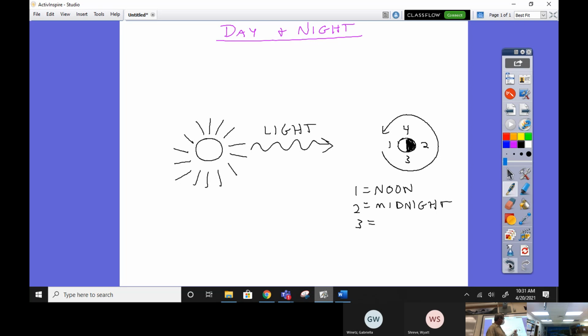We're moving from daytime to nighttime. What would number 3, what would you experience right then? It could be 6 o'clock, depends on where you are on the planet and what day it is. But one way or another, you're moving from the light to the dark, so we call that.